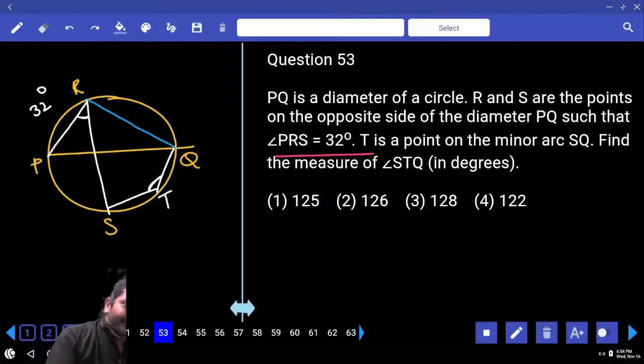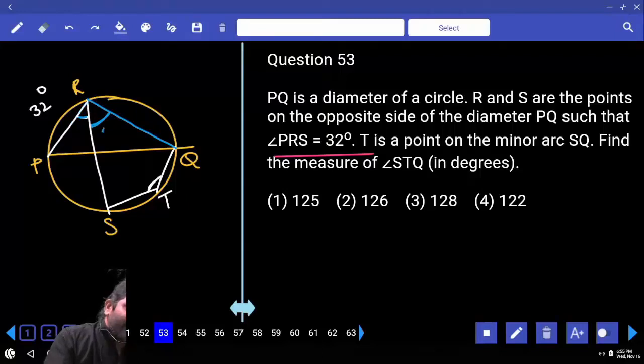Now when you consider this particular triangle, here the angle at R, PRS, is 32 degrees. Can you tell me what must be the angle SRQ? 90 minus 32, because here it forms a right angle triangle, right?